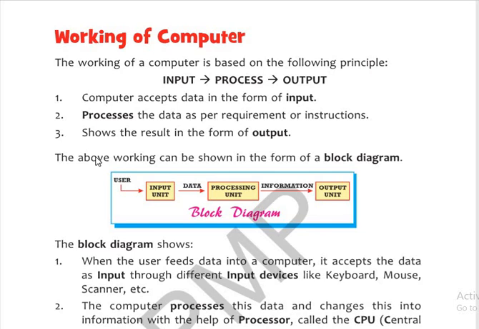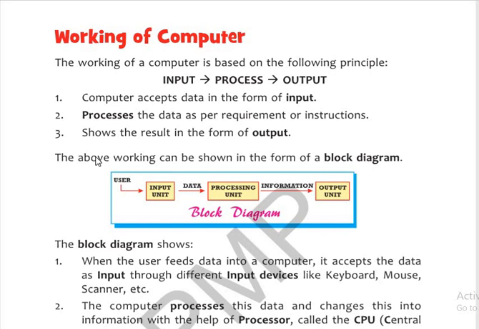So take care to enter correct data, and it will give you the correct information. If you press A, the computer will show you A only: you are typing raw data, that is A, it is processed in the system, and at last it gives a result A.